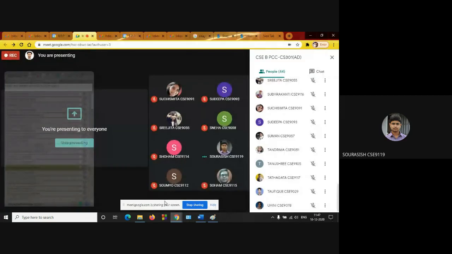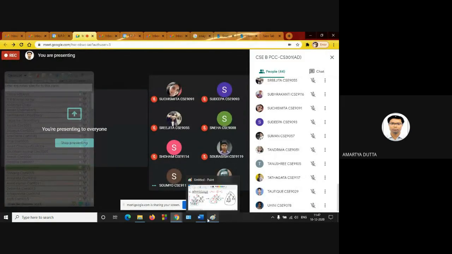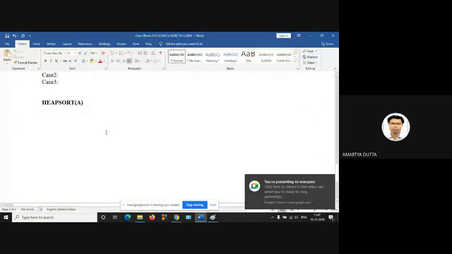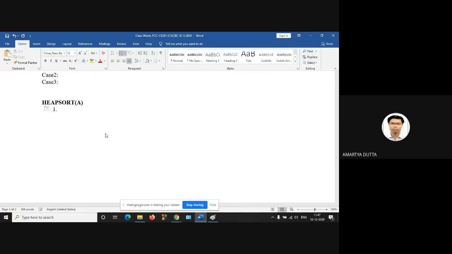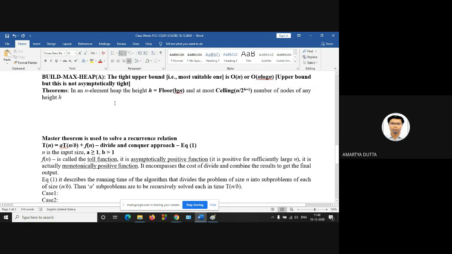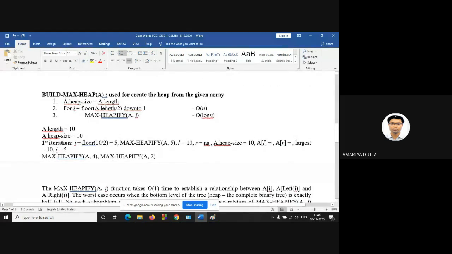No, sir. Okay. Now the heap sort procedure. Inside the heap sort procedure, the first line is you have to create the heap from the given array. For creation of the heap, build max heap procedure A. From the given array, we have to create the heap using this build max heap function.